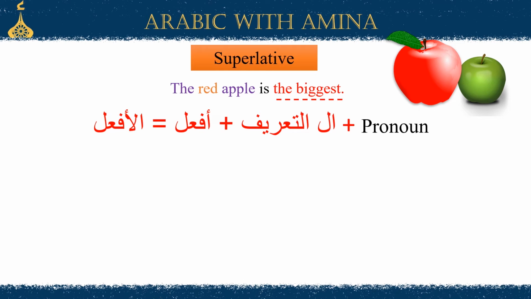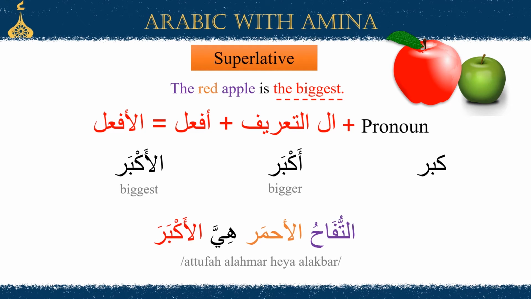The root word of big is كبر. Put it in the form of أفعل, it becomes أكبر, which is bigger, and we mentioned in the beginning of this video. And then we are going to add التعريف, or the word the, to it, making it الأكبر, biggest. So the red apple is the biggest.